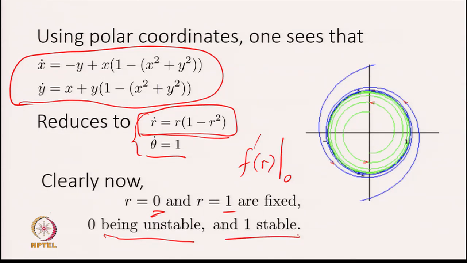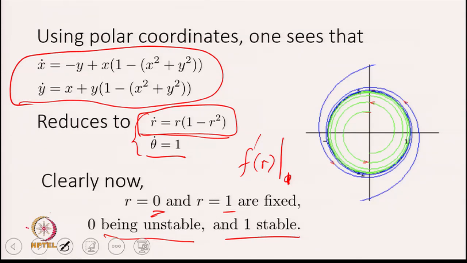And again doing the same analysis, f prime at r is equal to 1 turns out to be negative, and therefore 1 is a stable fixed point, namely a stable circle. And orbits look like this, namely if you start from inside the circle of radius 1, you will spiral outwards until you hit this circle. If you start from any point outside the circle of radius 1, you will spiral inwards until you hit this cycle.